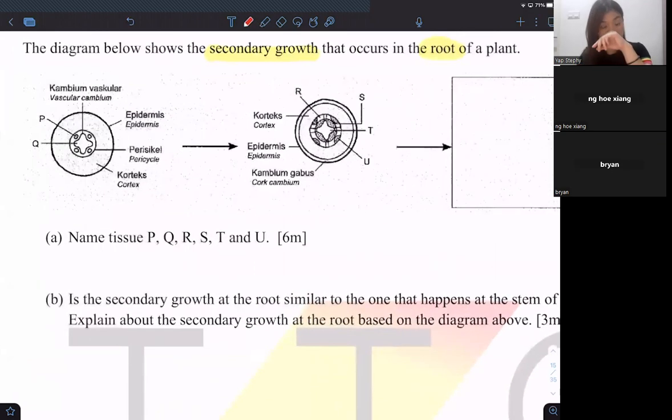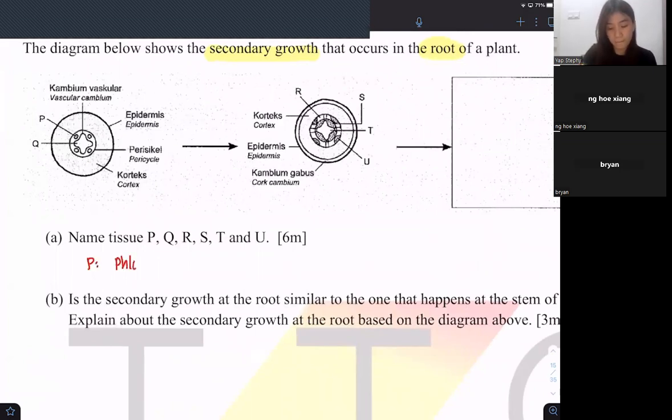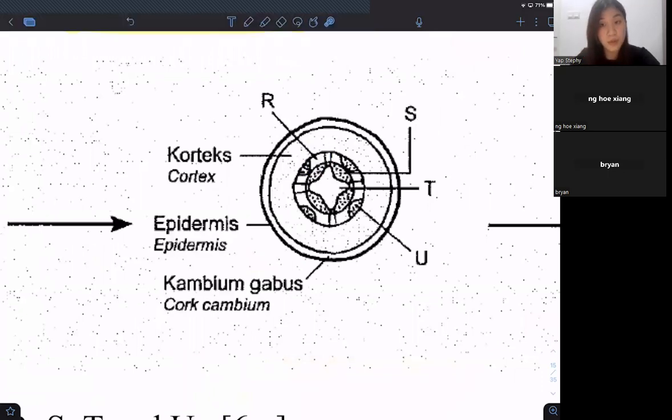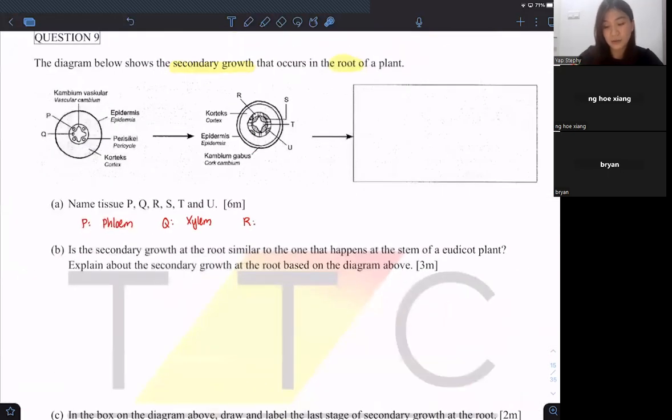For tissue P, you can see here it fills up the area between the xylem, so P is the phloem. And then Q is xylem. So what are R, S, T, U? R is very near to the cambium ring, very near to the vascular cambium, so this one is the secondary phloem.